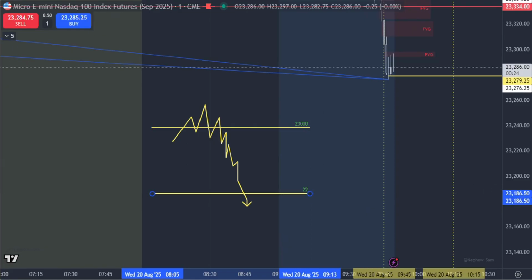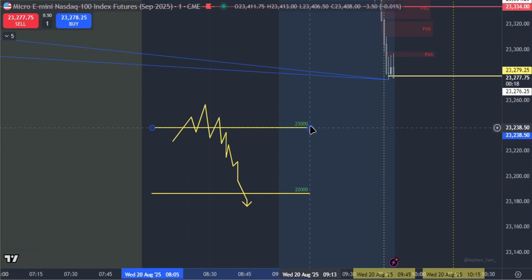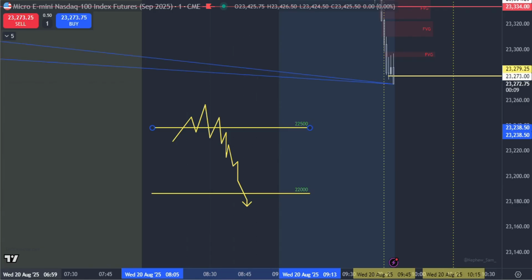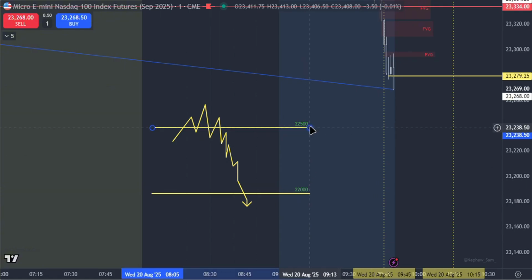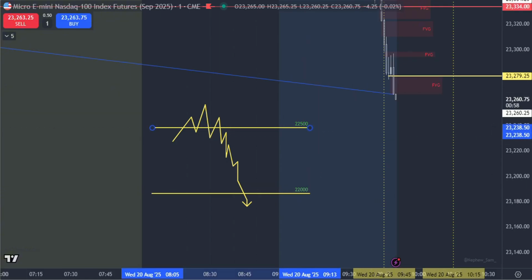You look for your 22,000 NQ price, or you can also do it by 500. So let's just say it could be 22,500, your high. Well, then you're gonna look for the 22,000, right? Or you can do your 500.